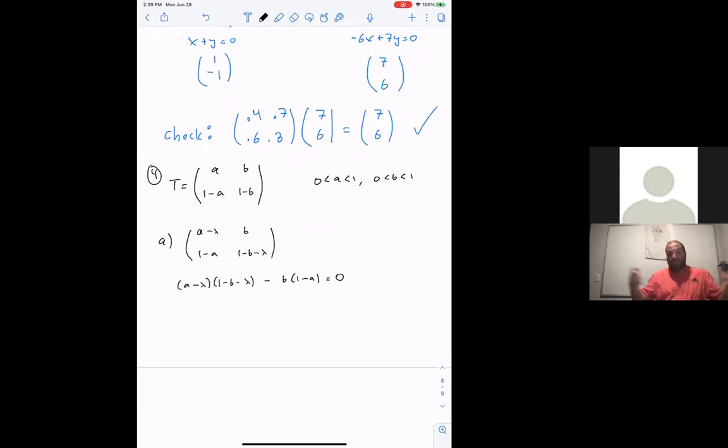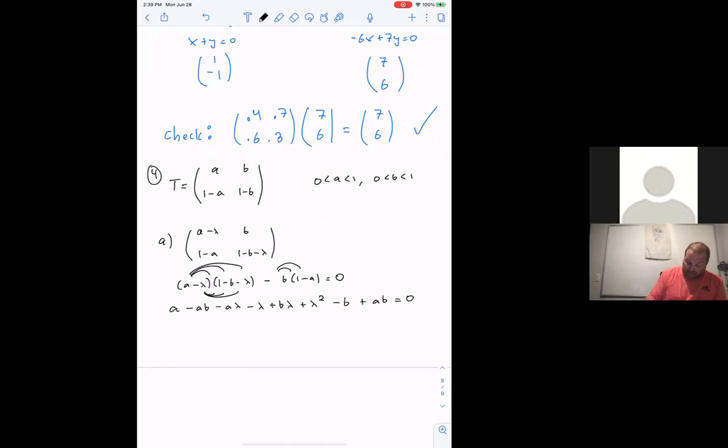Now, let's multiply it out and combine terms. We get A minus AB minus A lambda minus lambda plus B lambda plus lambda squared minus B plus AB is equal to 0. I do get some nice minus AB plus AB goes away.